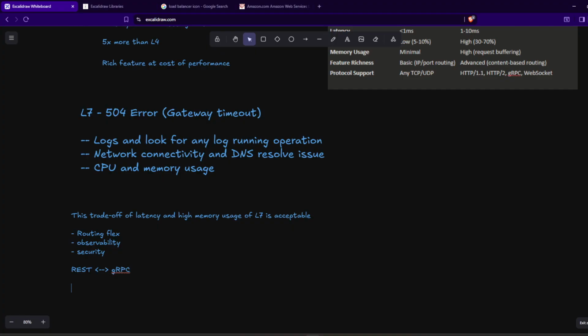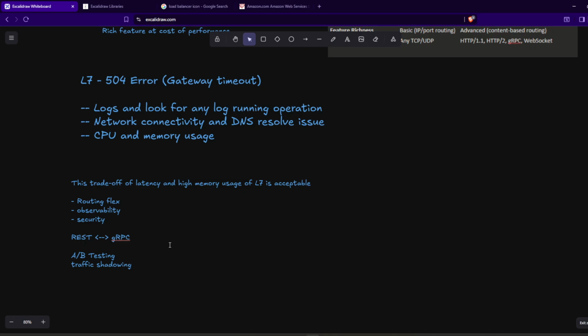And also there are things like A/B testing. I'm not going into all those details because the length of the video will probably elongate more. There is also something called traffic shadowing. You can study around these things and you will get a great idea of why L7 is used across every single scaled up application.